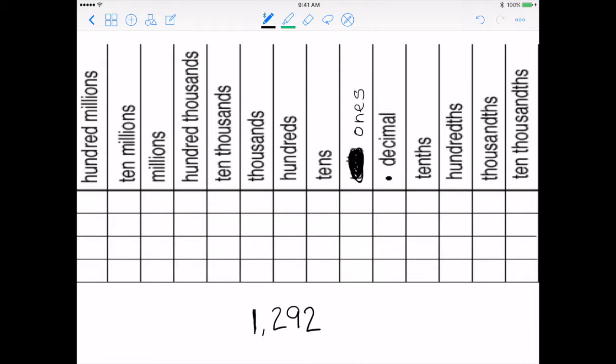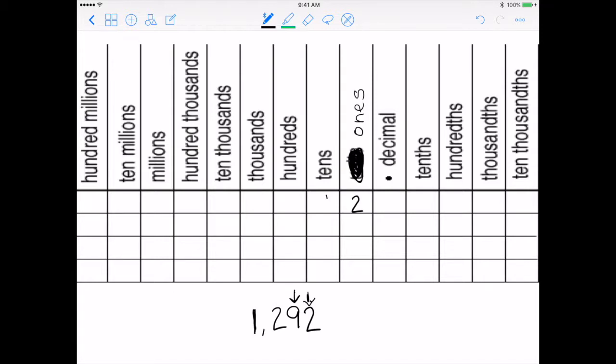Now, let's go ahead. We know that this is a whole number. 1,292 is a whole number. So let's go ahead and we're going to fill that in our place value chart. So our digit 2 here is in the ones place. So I'm going to write that 2 here. The next one is the 9, and that 9 is in our tens place.